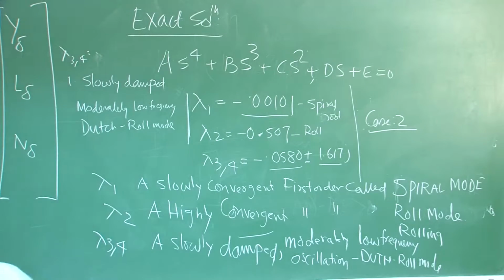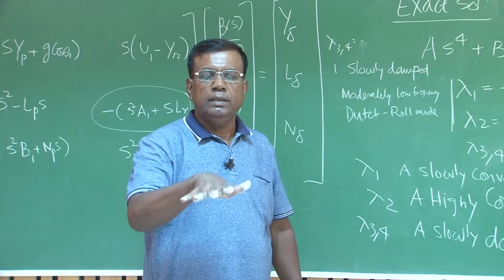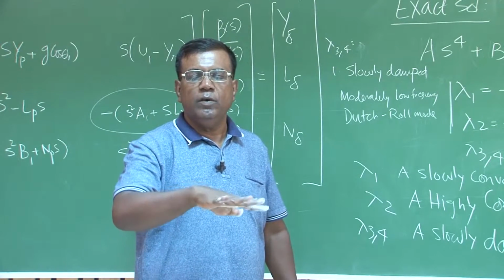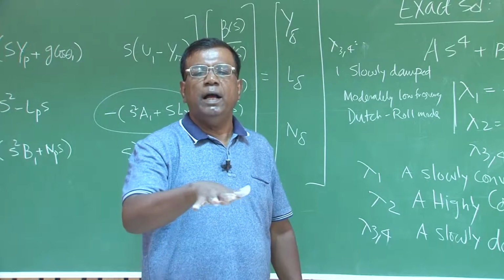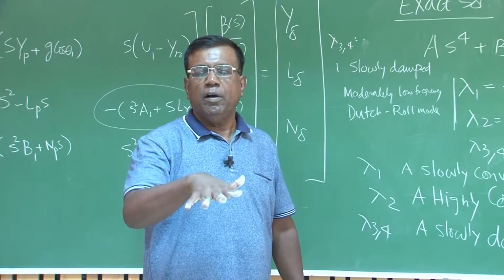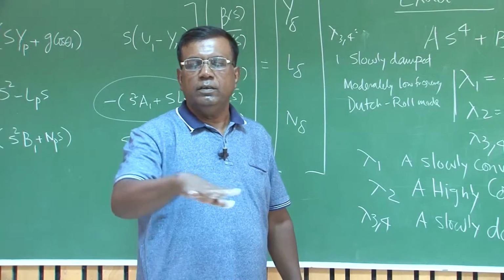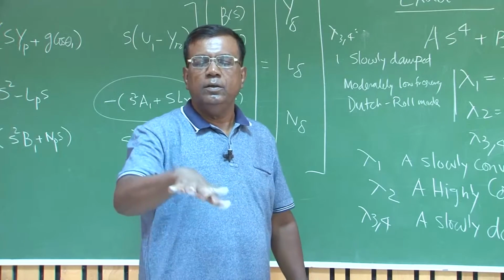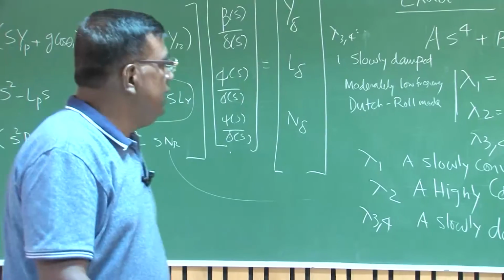Typically, approximately, this will go on oscillating, and in combination with a little bit of bank, actually it is a combination of everything. In approximation, you may neglect one of those, but primarily you get some sort of an oscillation like this. That is a Dutch roll.